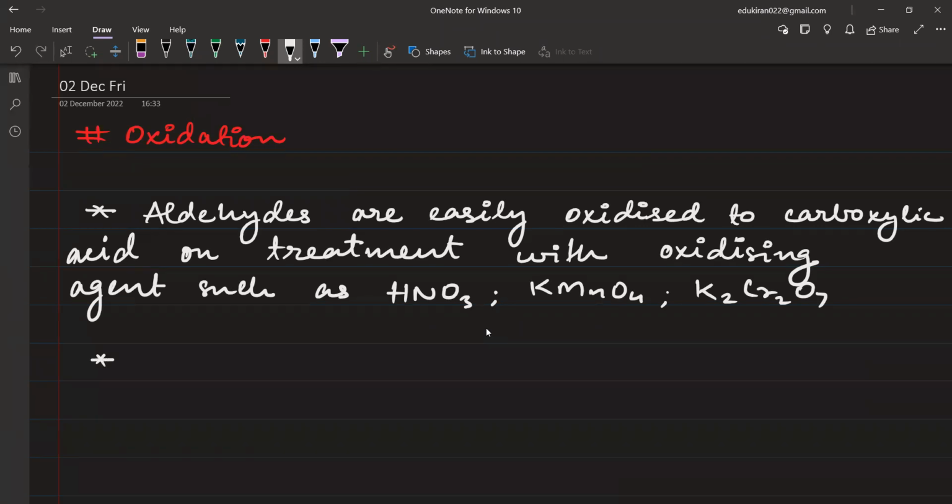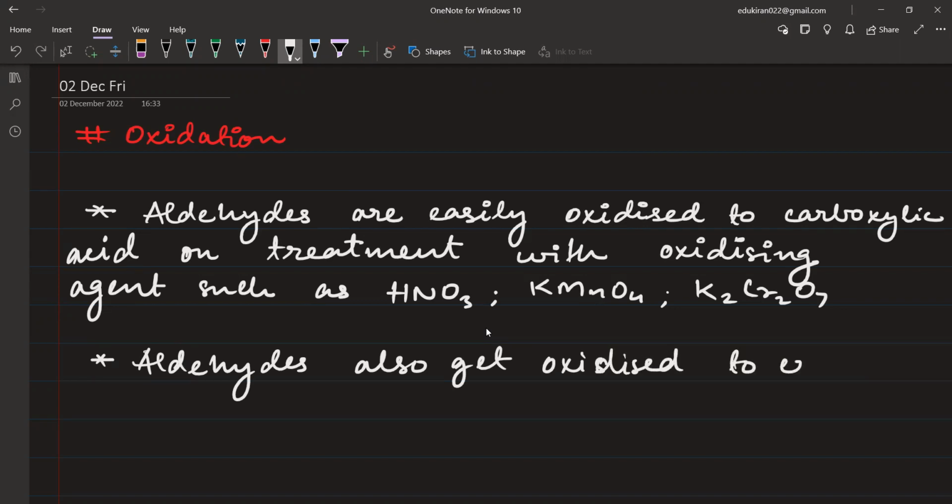Next point. Aldehydes also get oxidized to carboxylic acid by two solutions.